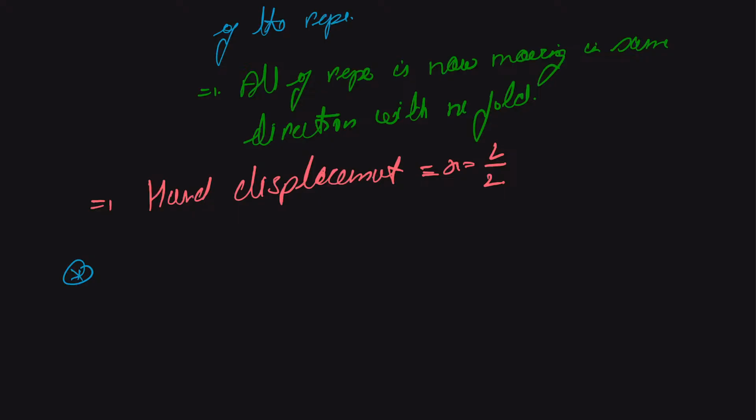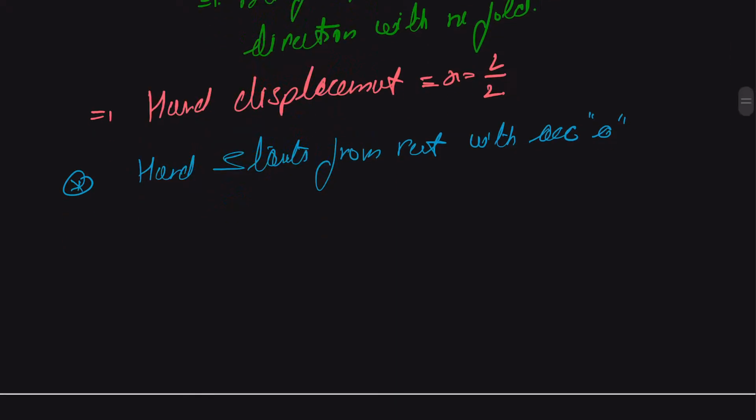So if its final velocity is v, we can write that the hand starts from rest with acceleration a.